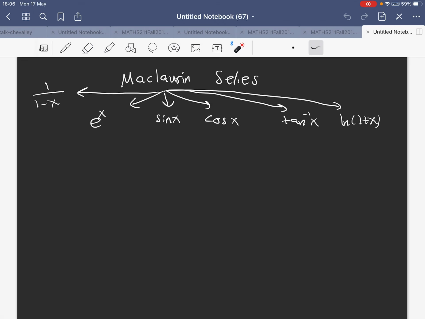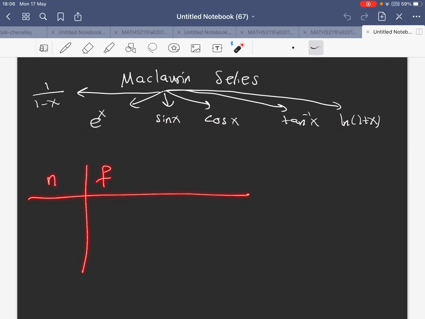Hello students, back to part 3 of section 11.10. Today we will discuss the Maclaurin series for 6 famous functions, which are e to the x, sine x, cosine x, tan inverse, the ln, and 1 over 1 minus x. In each one of these, we can do exactly what we did before, making a table.